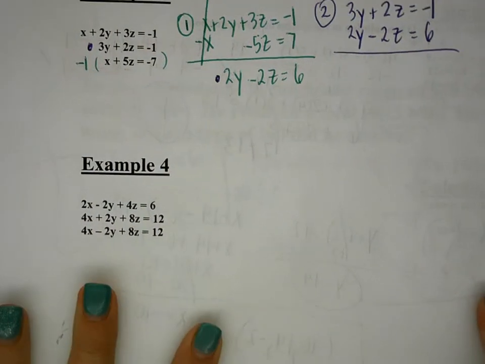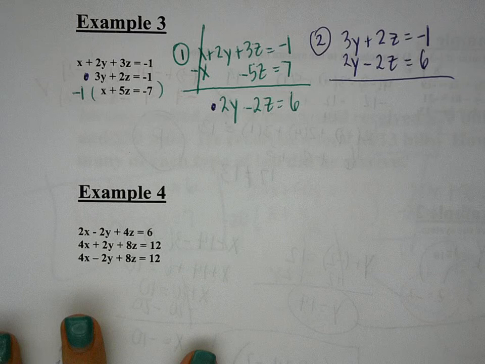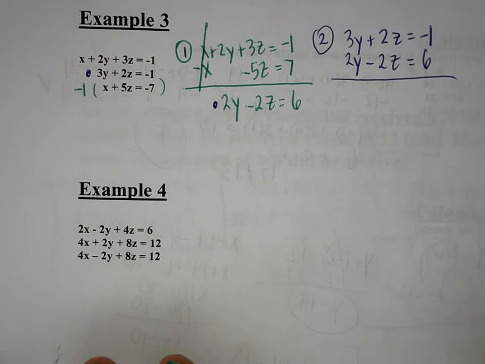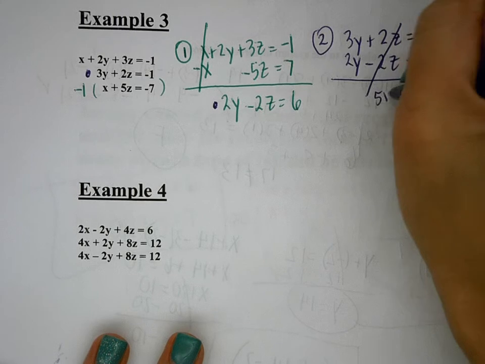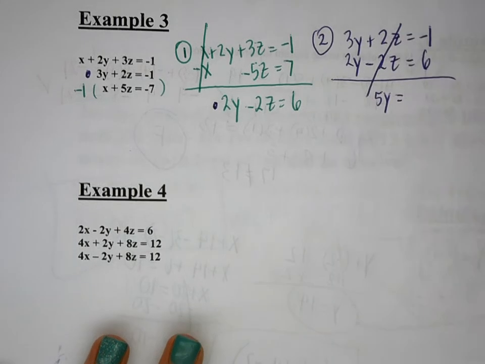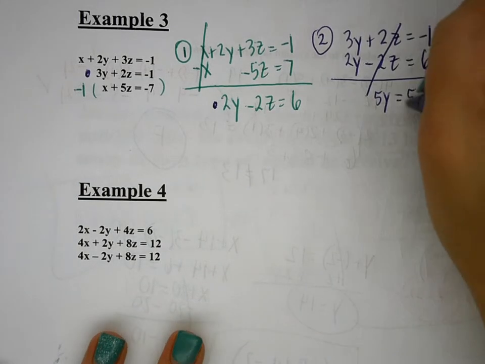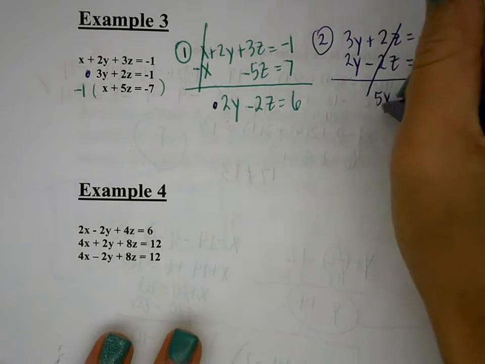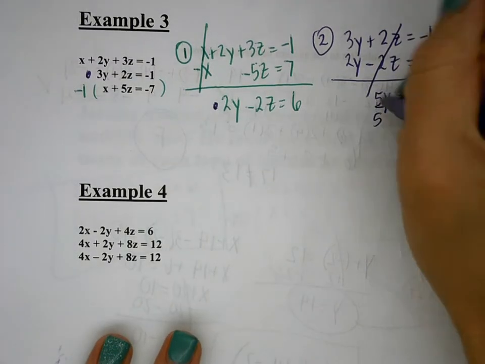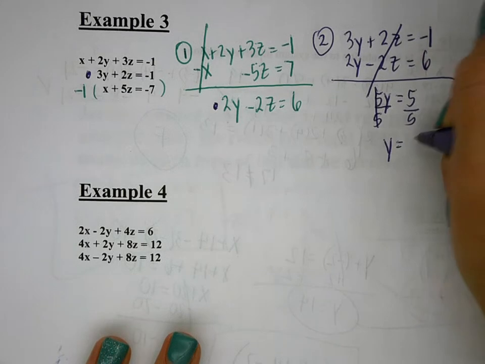Oops, sorry, you can't see. So when we add these down, these cancel, and we get 5y equals what? 5. To solve for y now, all we do is divide by 5, and we get y equals what? 1.